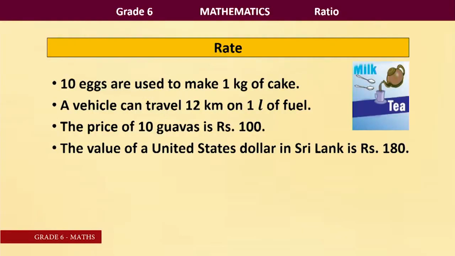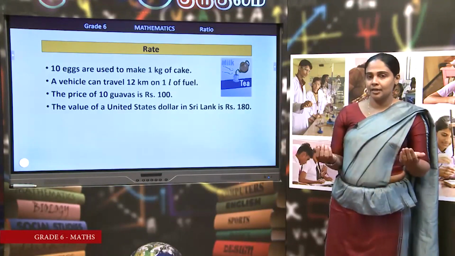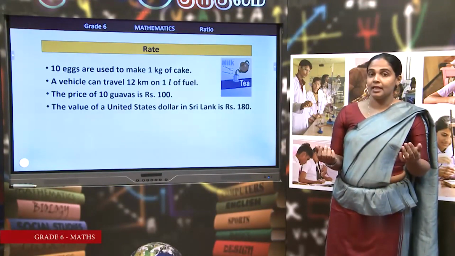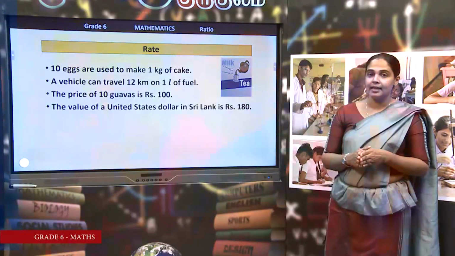The value of a United States dollar in Sri Lanka is 180 rupees. Then they are in 2 units, United States dollar and Sri Lankan rupees. Can you convert them? No, they are in 2 different units. So, such statements are called rates.